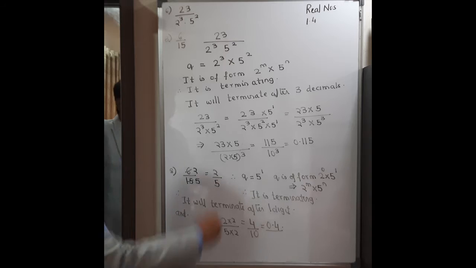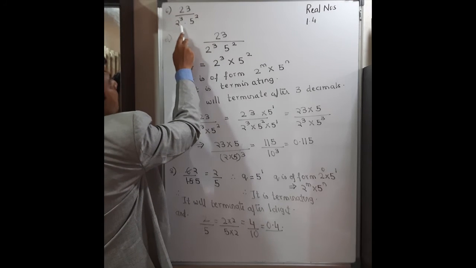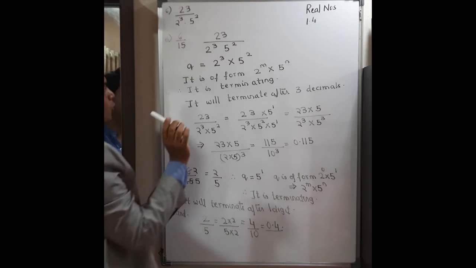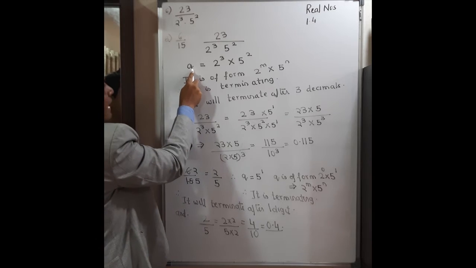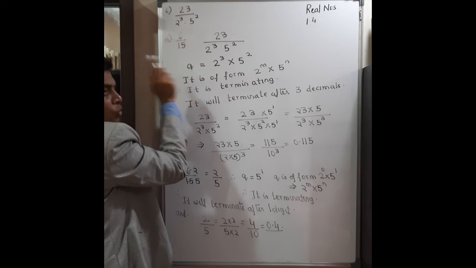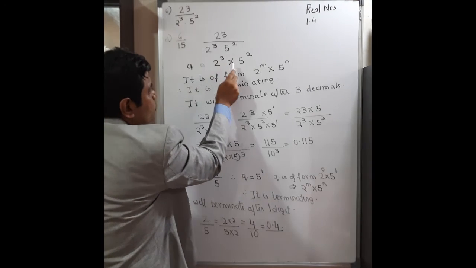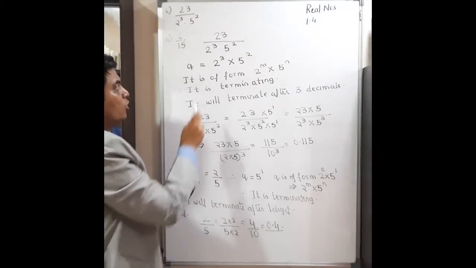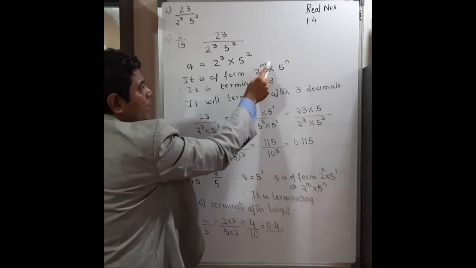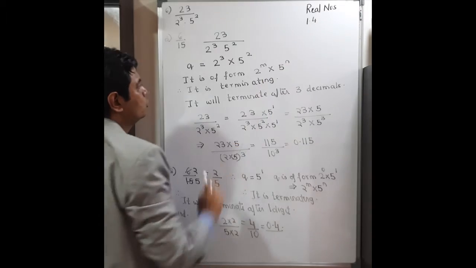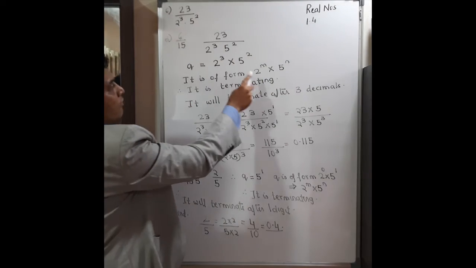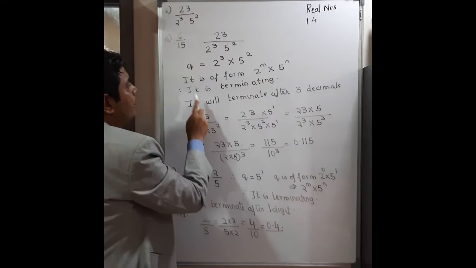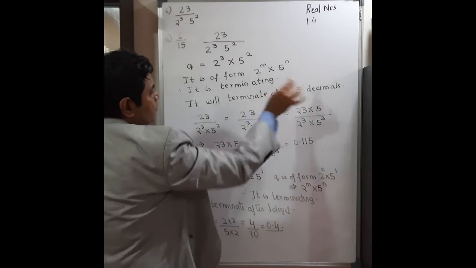Let us now look at sixth sum. It is 23 upon 2 raised to 3 into 5 raised to 2. So here directly they have given you the prime factorization of q. Q is equal to 2 raised to 3 into 5 raised to 2. So therefore it is of the form 2 raised to m multiplied by 5 raised to n. Because it is of the form 2 raised to m into 5 raised to n, it is a terminating decimal expansion.